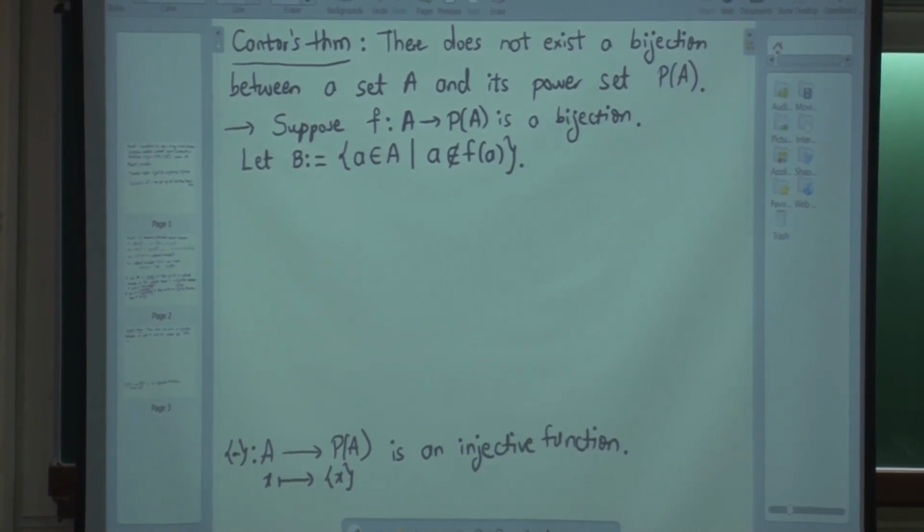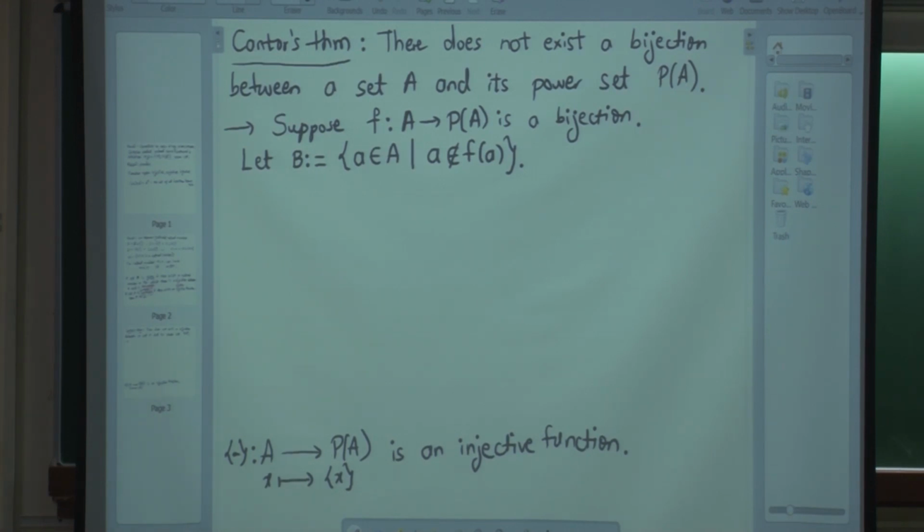You understand this? So f of A is going to be an element of the power set, so it means it's a subset of A. Either A can belong to f of A or A cannot belong to f of A. So we are just collecting all such elements.